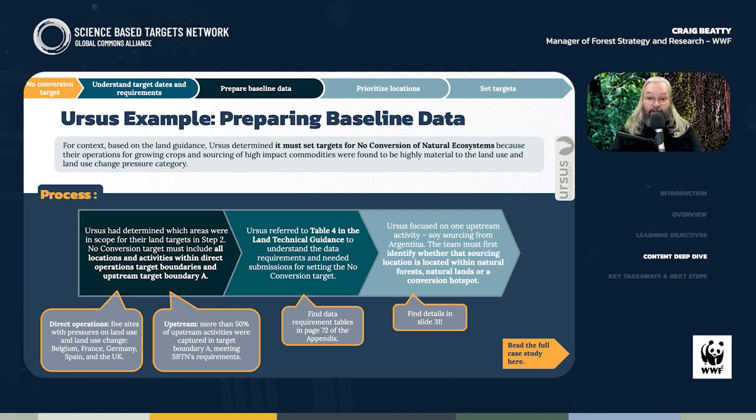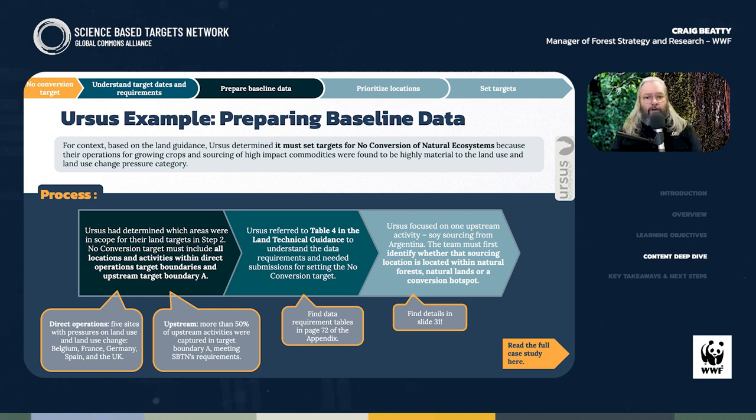Based on the land guidance, Ursus must set targets for no conversion of natural ecosystems, land footprint reduction, and landscape engagement, all three targets. Within Step 2, Ursus used information it has on land use and land use change to determine which areas were in scope for their land targets.